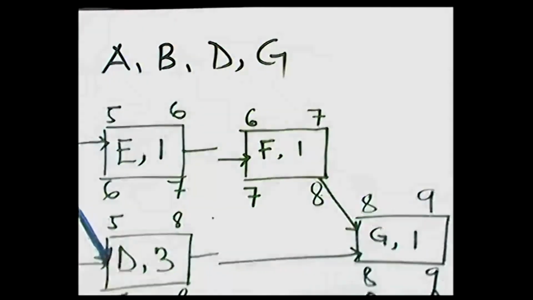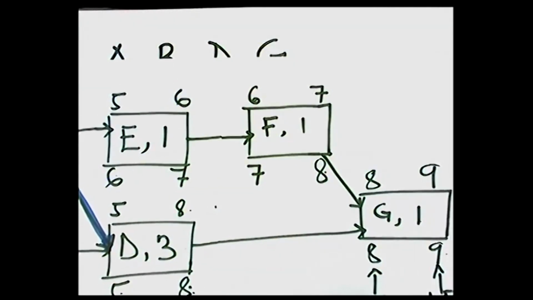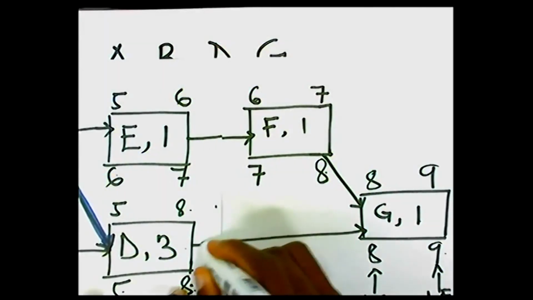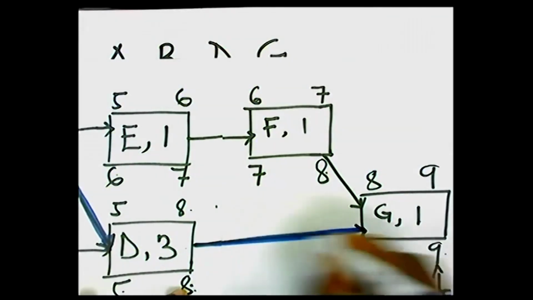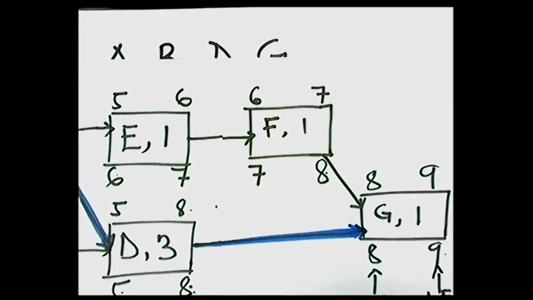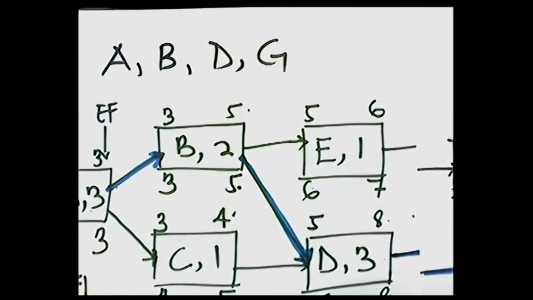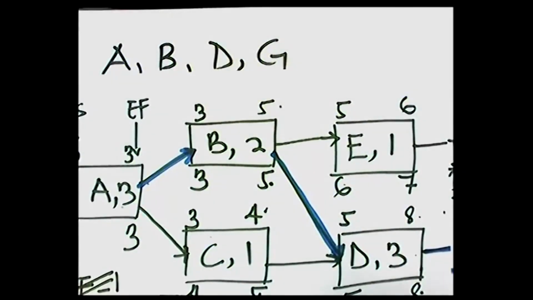This is my D to my G. So this is it. So this is my critical path. So my critical path looks like this: activity A to B, and then B to D, and then D to G.